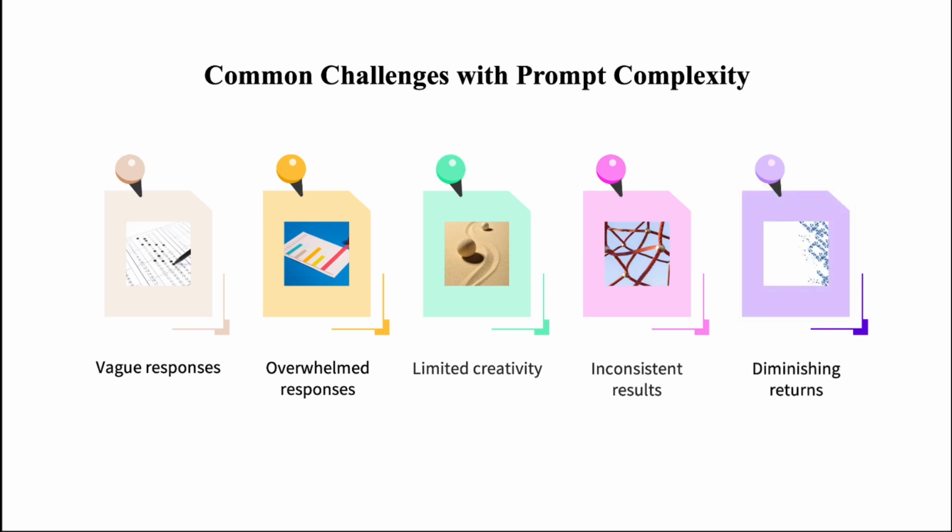Increasing prompt complexity doesn't always improve results. Sometimes lower complexity produces better outcomes than overly detailed instructions. More complexity can actually hurt response quality rather than improving it. Remember, the goal is finding the right balance between detail and clarity for optimal AI assistant performance.